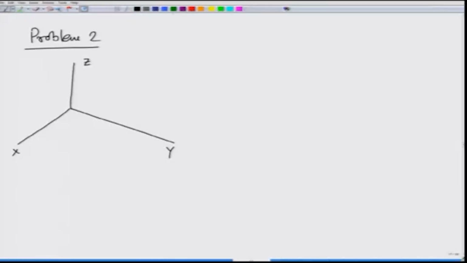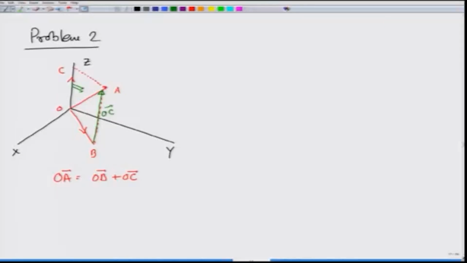So, here is a vector OA and its projection on the Z axis is OC and projection in the XY plane is OB. This is OB and this is OC. So, you can see immediately that OA is nothing but OB plus OC, because if this vector is transported parallel to itself, this is also OC.